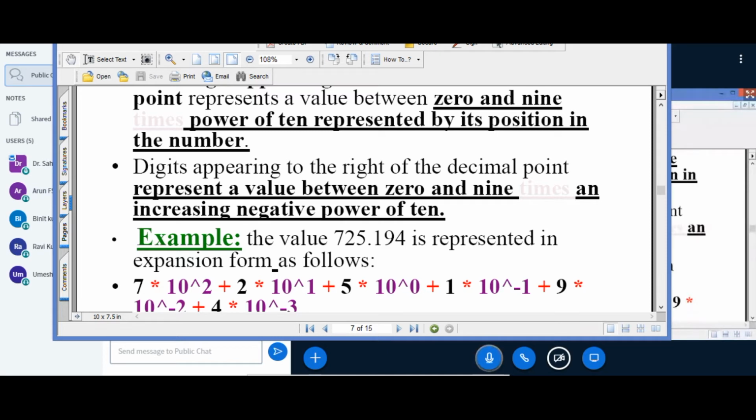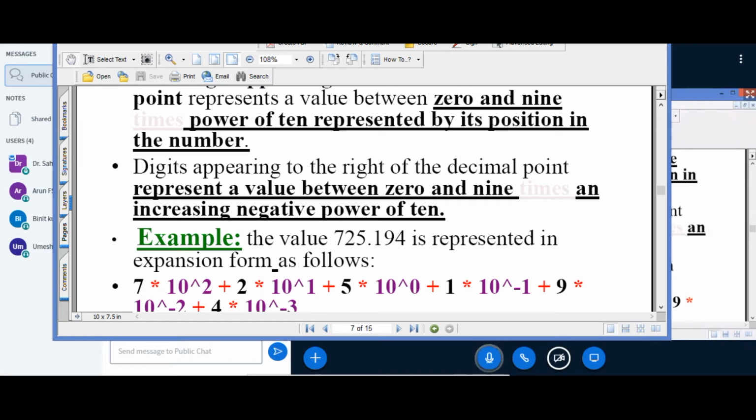For the right hand side, it is the power, means 1 by 10 to the power 1, or 1 into 10 to the power minus 1, because it is a negative power.